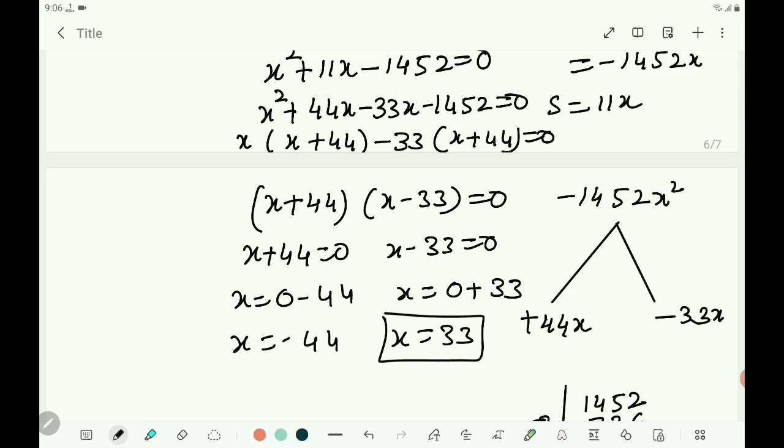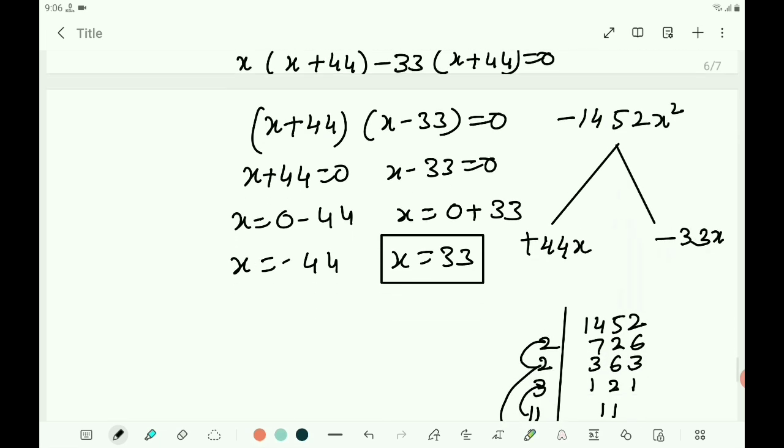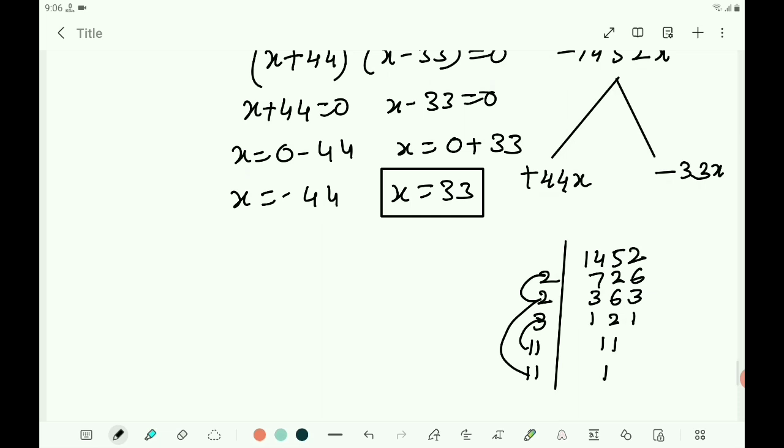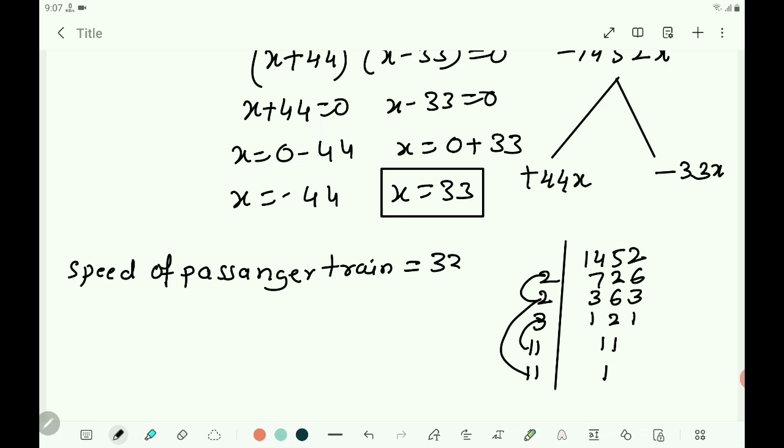We have to consider this one as it is a speed. Then the speed of the passenger train is how much? 33 km per hour, and the speed of express train is x plus 11, which is 33 plus 11 equals 44. Then you write: speed of passenger train equals 33 km per hour.